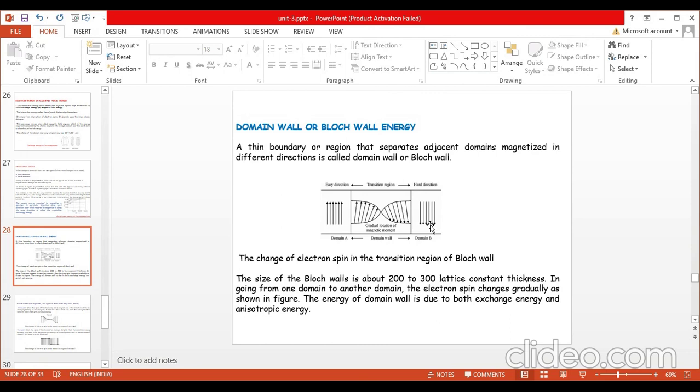The energy of the domain wall is due to both exchange and anisotropy energy. Why are we saying exchange? Because in exchange it goes upward then immediately downward. Similarly here, when we are changing from easy to hard direction, there is a zone which is called the domain wall. So this energy is called domain wall energy. So this is the way the energy will be classified.